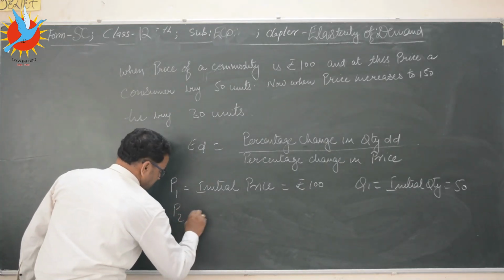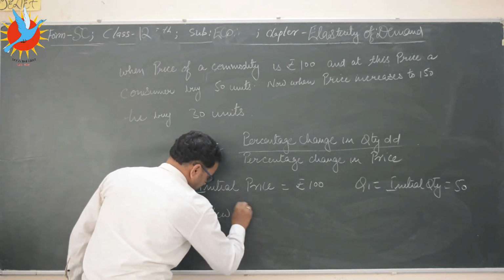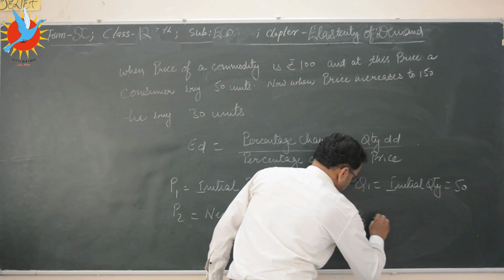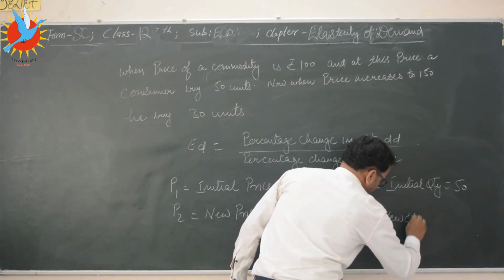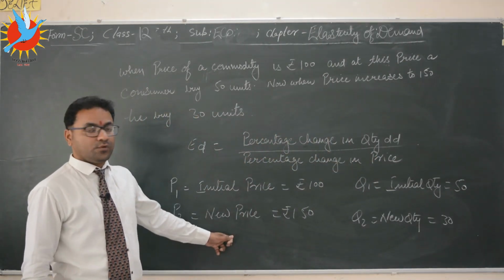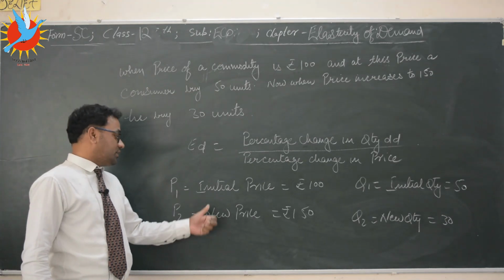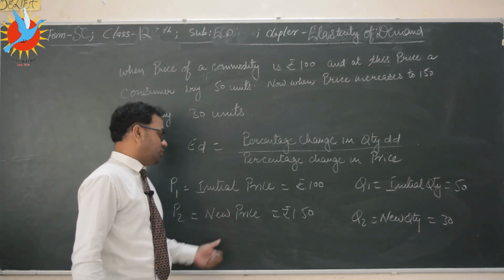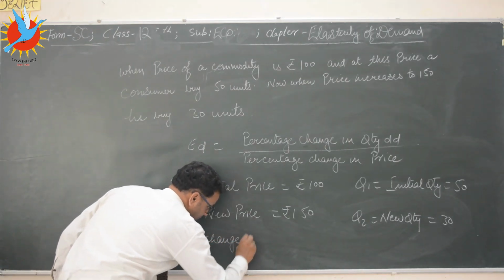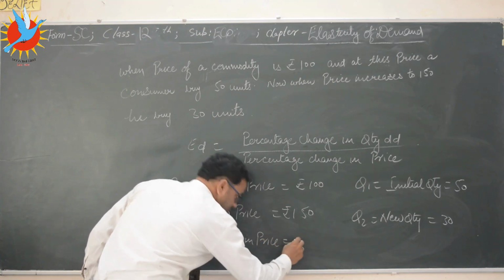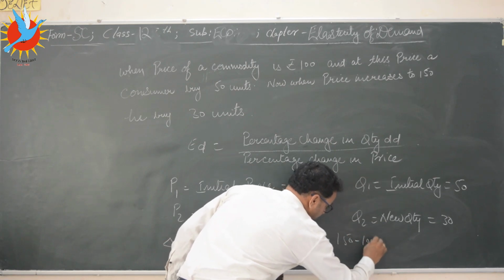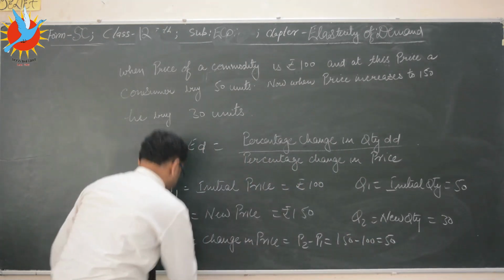Now when the price is 150, the new quantity is 30. So to measure the change, we subtract the initial price from the new price. So delta P, the change in price, will be P2 minus P1, meaning 150 minus 100 is equal to 50.